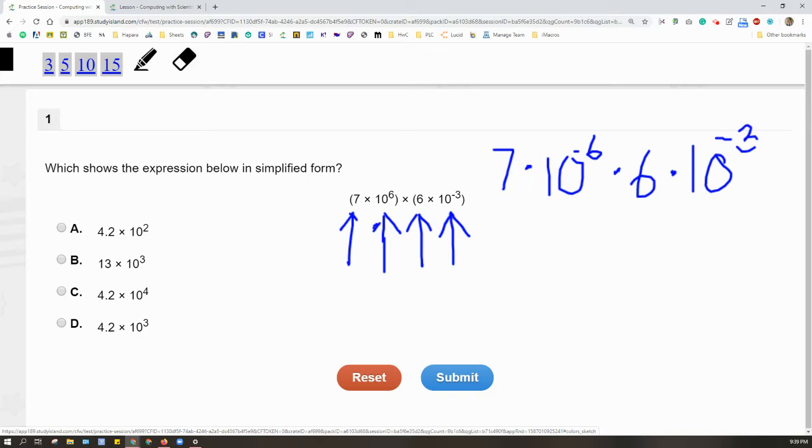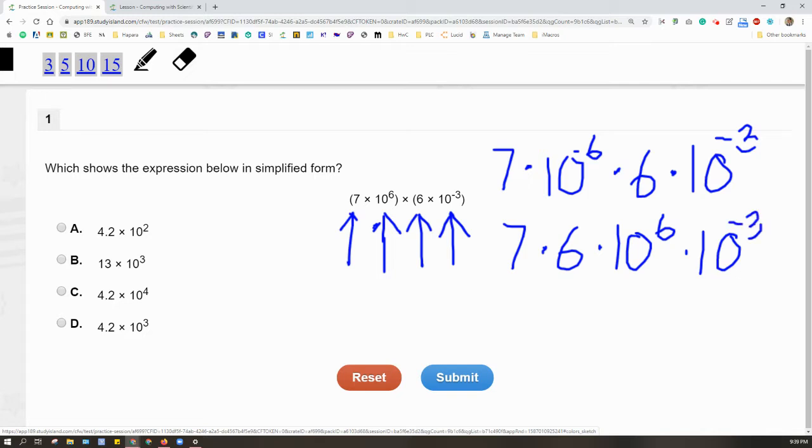Let me start with the 7 that we already have. And now I'm going to say times 6. And then I'll say times my 10 to the sixth power. And then I'll say times 10 to the negative third power.